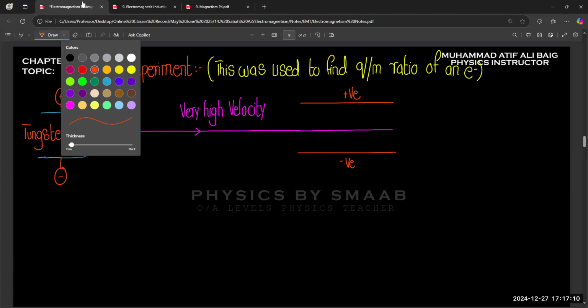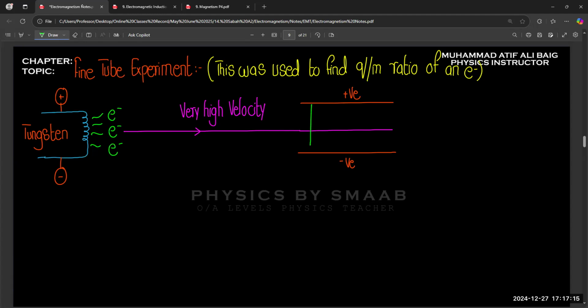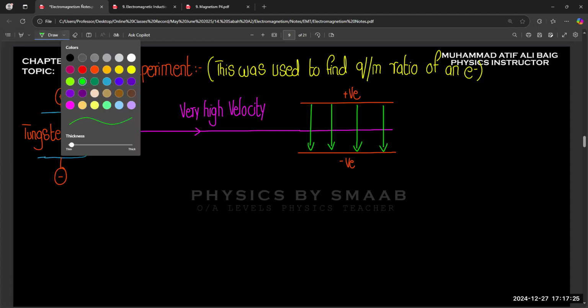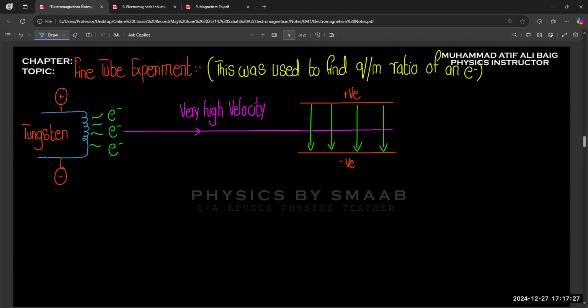And the electric field moves in the downward direction from positive to negative. And the magnetic field is into the paper like this.